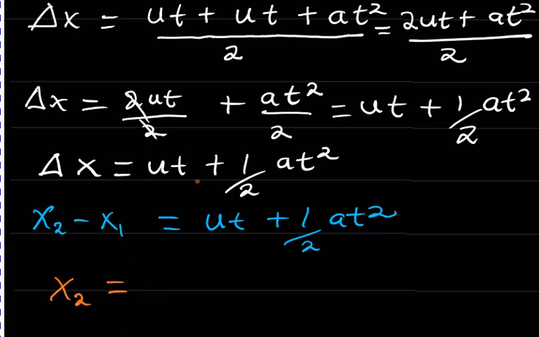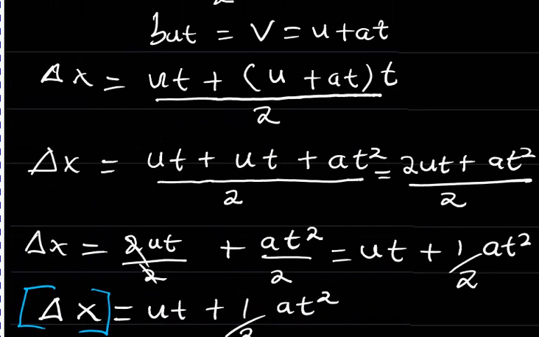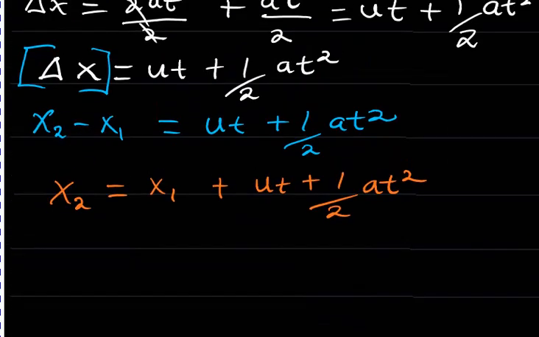If you take this to the other side of the equation, it's going to be x1 plus ut plus half at square. So don't be confused when you see this, because that actually came from the fact that the distance we are looking at is delta x, the change in distance. I hope that is well understood. So that actually gives us the proof or the derivation for the second equation.